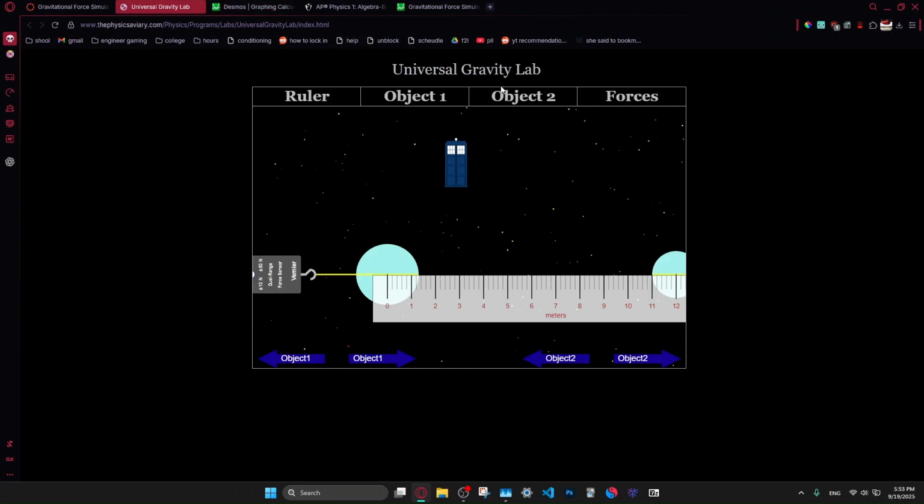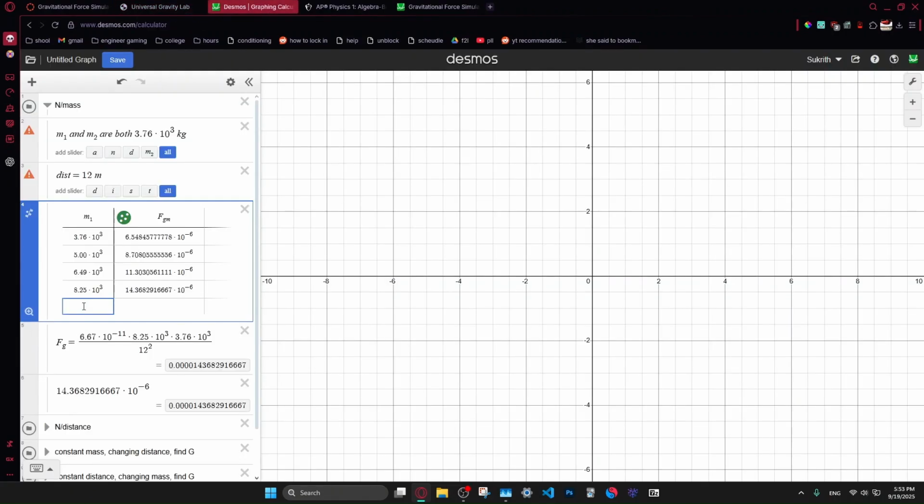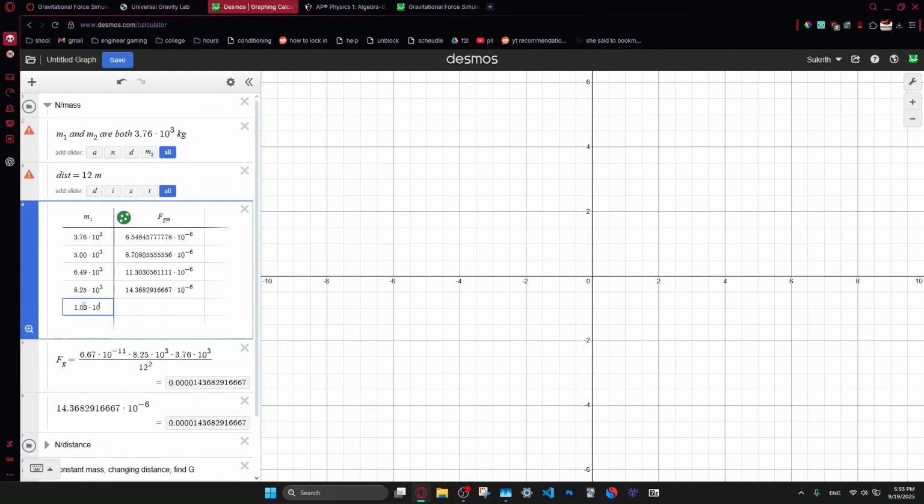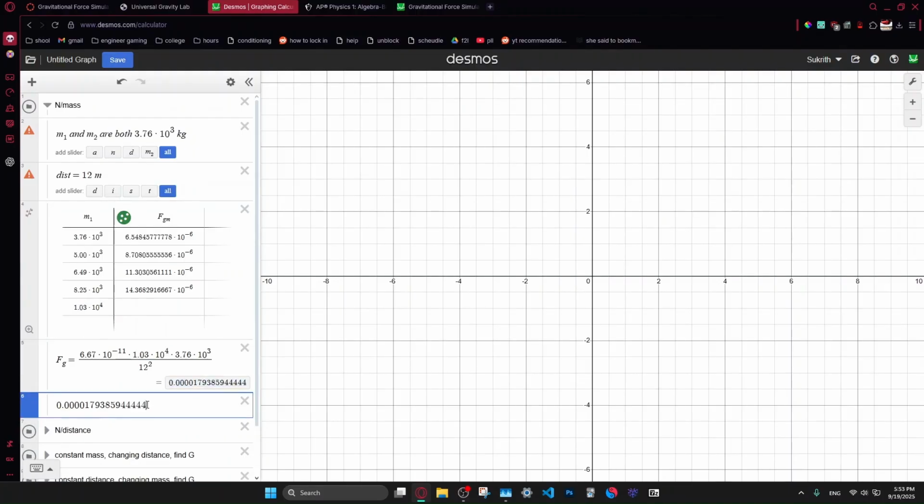Now next we're going to make it even bigger: 1.03 times 10 to the 4th. We're going to stick that in there and repeat the same process. 1, 2, 3, 4, 5, 6. Should be about 17.9 micronewtons.